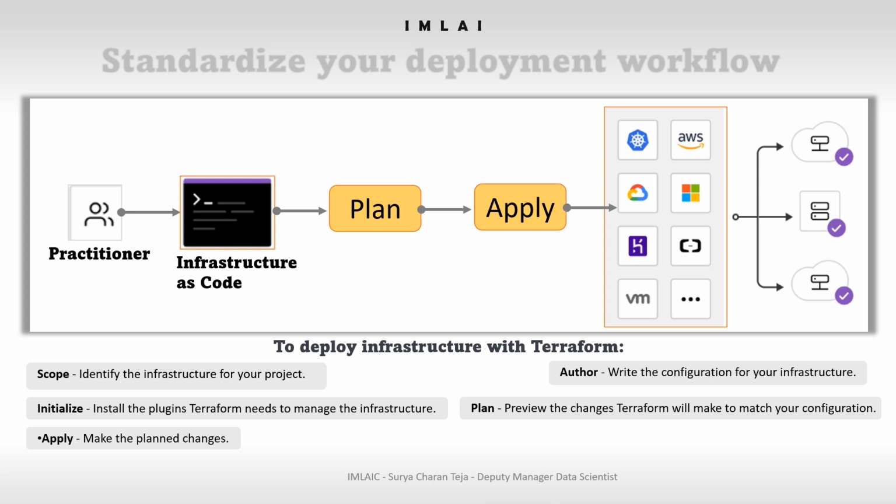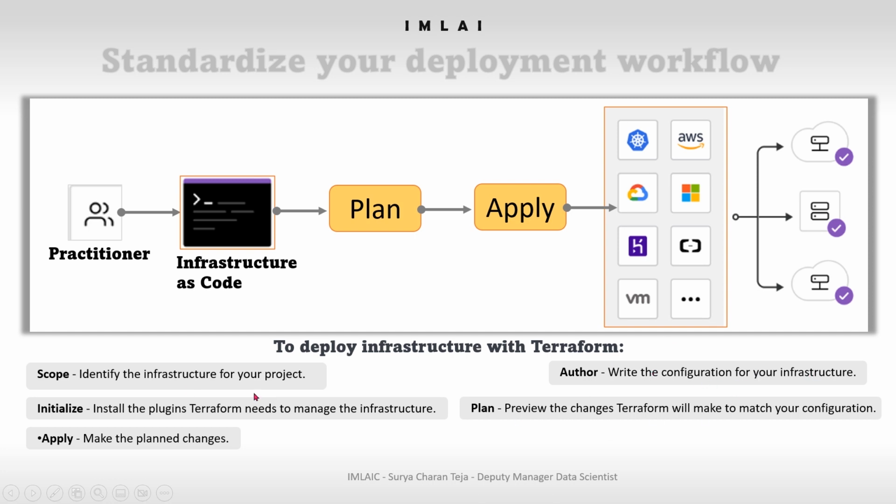So to wrap up this deployment workflow, initially we have to look into the scope of the project. Basically we have to identify the infrastructure that is required for our project. Then based on that requirement, our author will write the configuration file for our infrastructure.